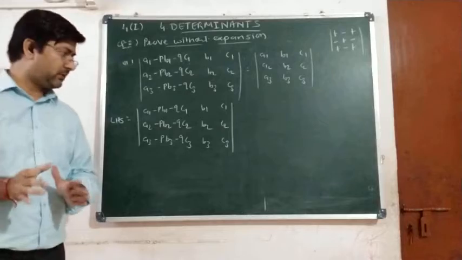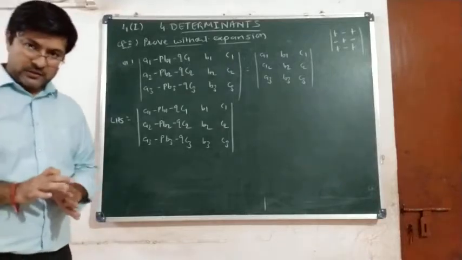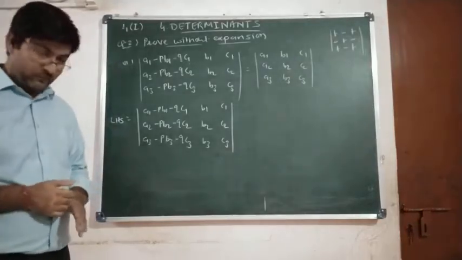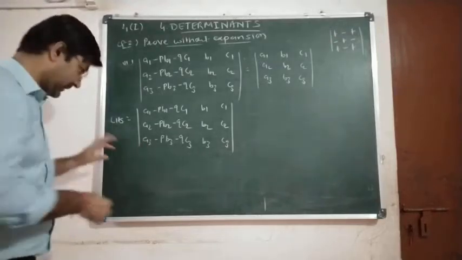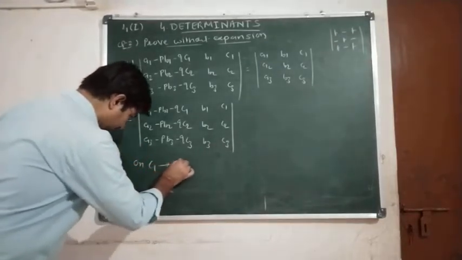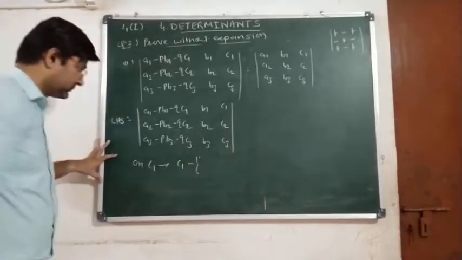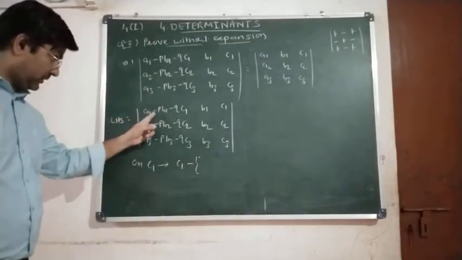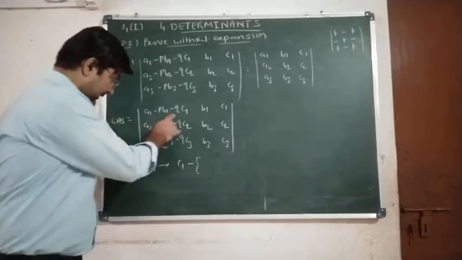So I hope you have understood what operation is to be carried on, and on which column. Obviously on the first column we will carry on the operation on C1. What we will do, C1 minus, sorry, not minus, this time we will add, because we already have a negative sign.